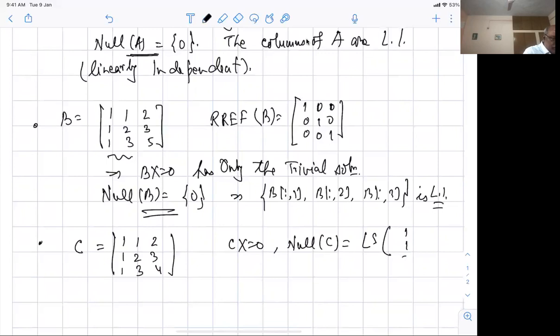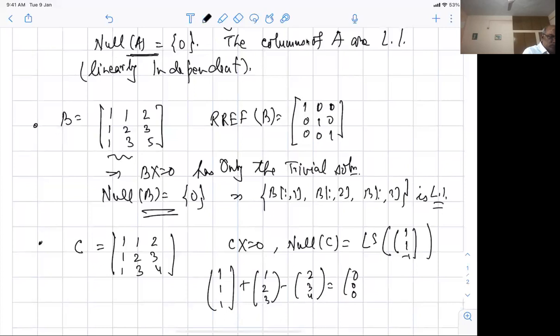This is the vector, and the linear span of this is this, because you can see that the first column plus the second column minus the third column is 0, 0, 0. All right. So 1 plus 1 is 2, 2 plus 1 is 3, 3 plus 1 is 4. So this is 0. All right.